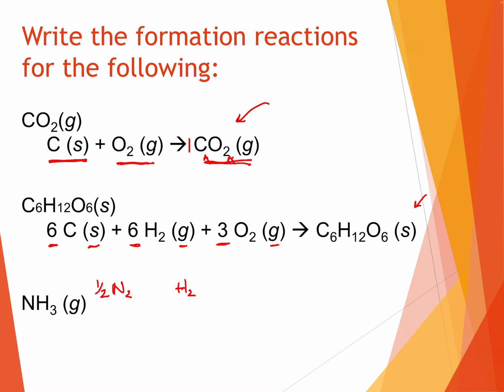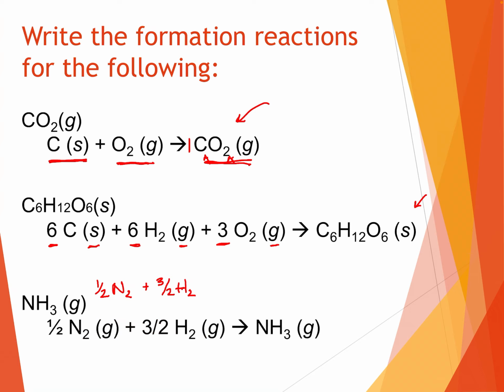And right now I have 2, but I need 3 hydrogens. So we're going to multiply this by 3/2 so that I end up with 3 hydrogens. Again, I know this is a little bit weird to have these fractions here, but we need to have the fractions in order to make only 1 mole of ammonia.